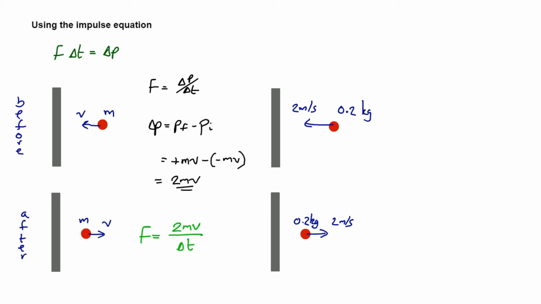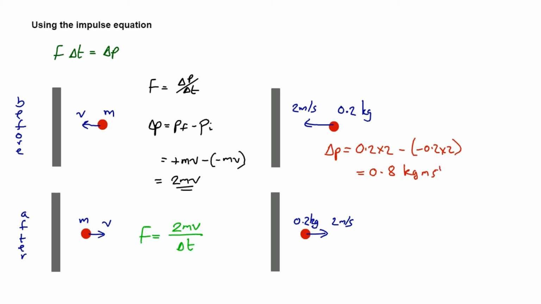The change in momentum delta p this time is going to be the final momentum, 0.2 times 2, minus minus 0.2 times 2. So that's the initial momentum. And if we evaluate that, what do we get? Well, we get 0.8, because we've got 0.4 plus 0.4. So we get 0.8 kilograms meters per second.